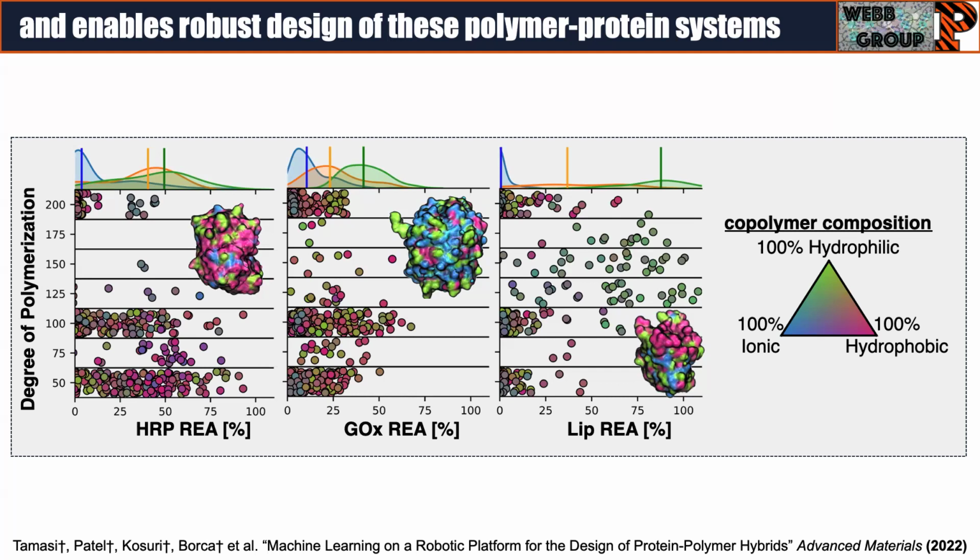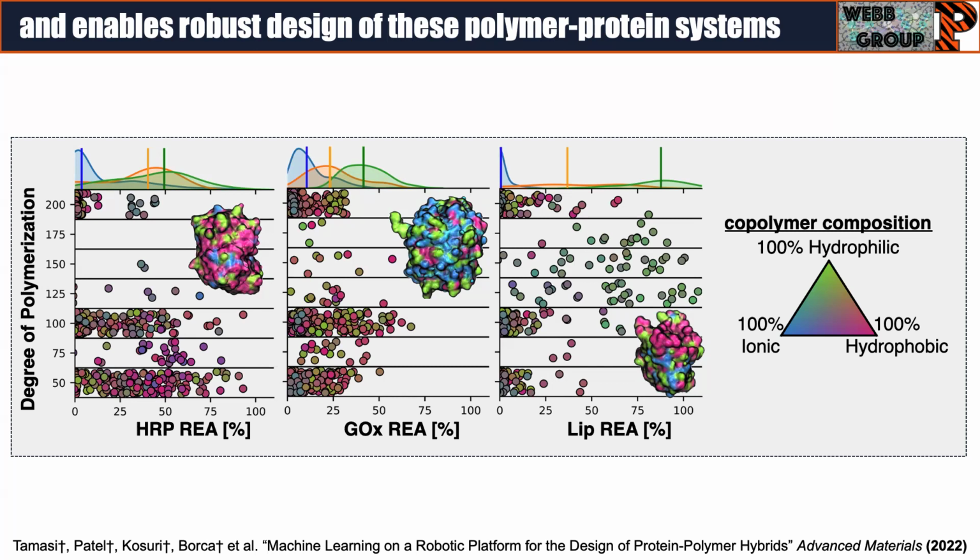This is our figure of merit. These three panels are the three different enzymes. All the markers are measured data points, collected after the fact. We're showing the distribution as a function of the degree of polymerization, binning them in those categories.